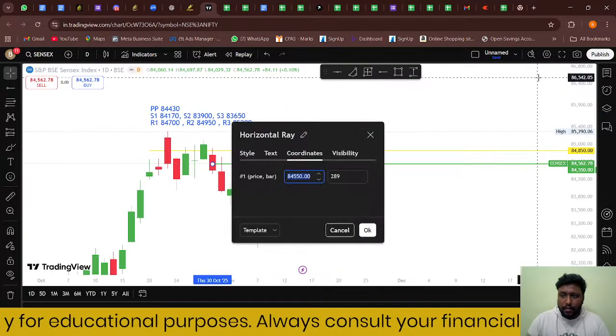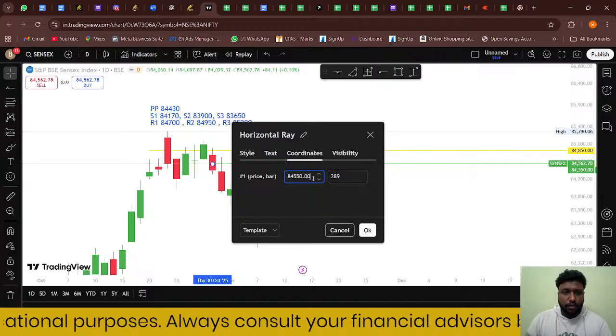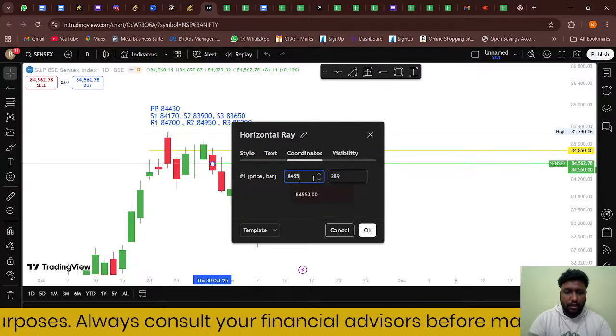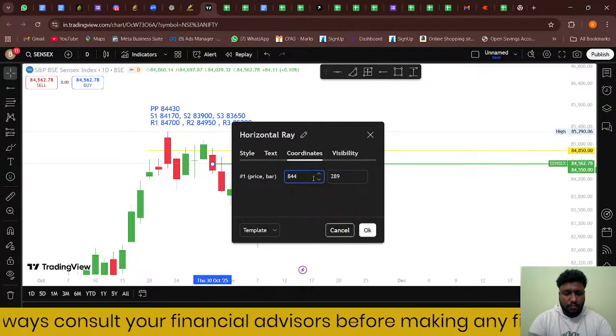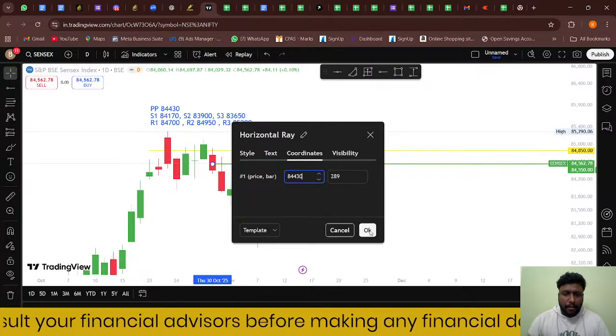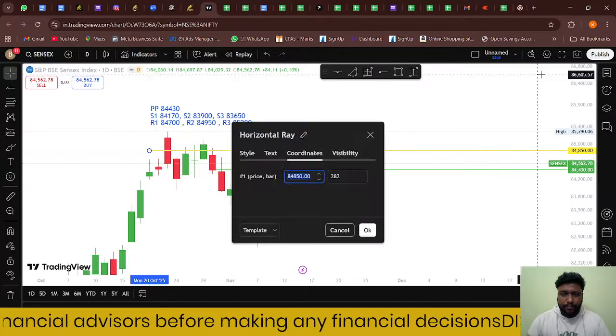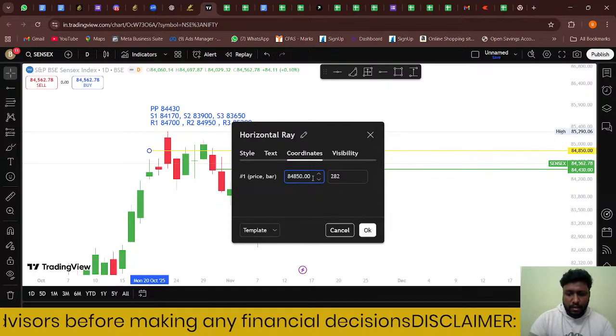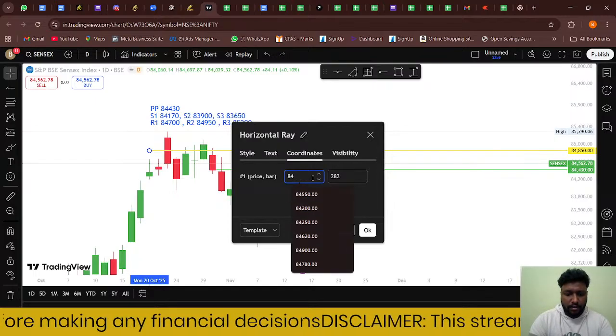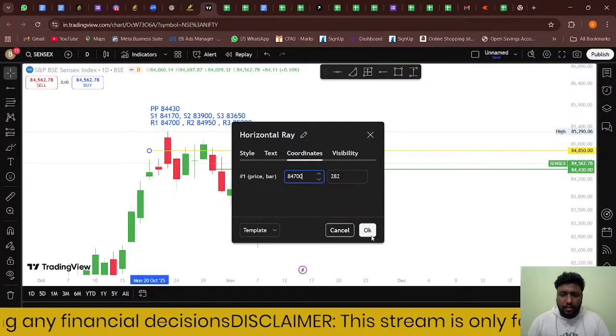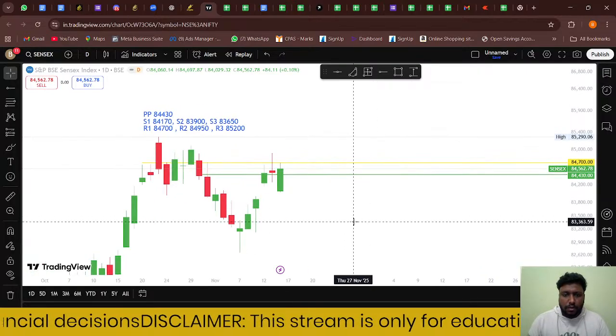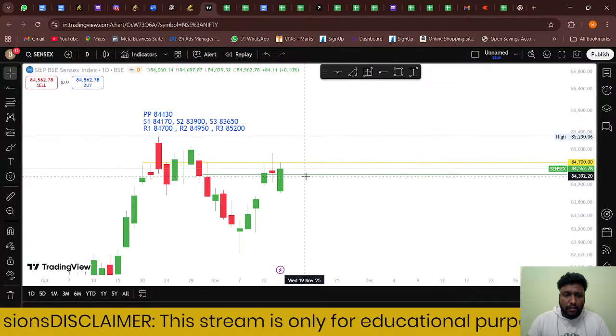So I'll mark the pivot point, which is at 84,450. Slight changes with respect to Sensex. So R1 is at 84,700. It is lower than the previous day. So this is our R1.